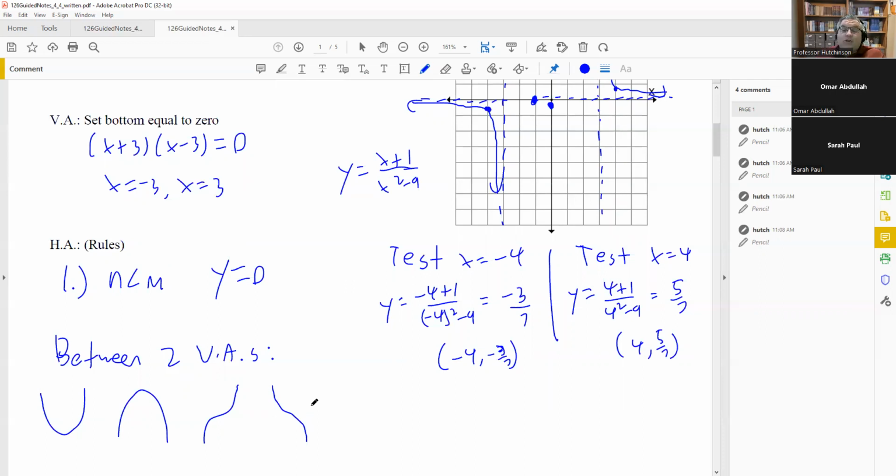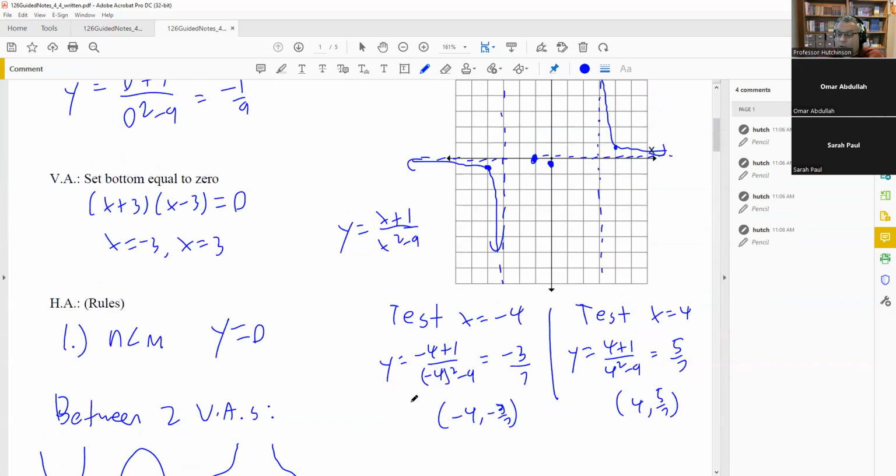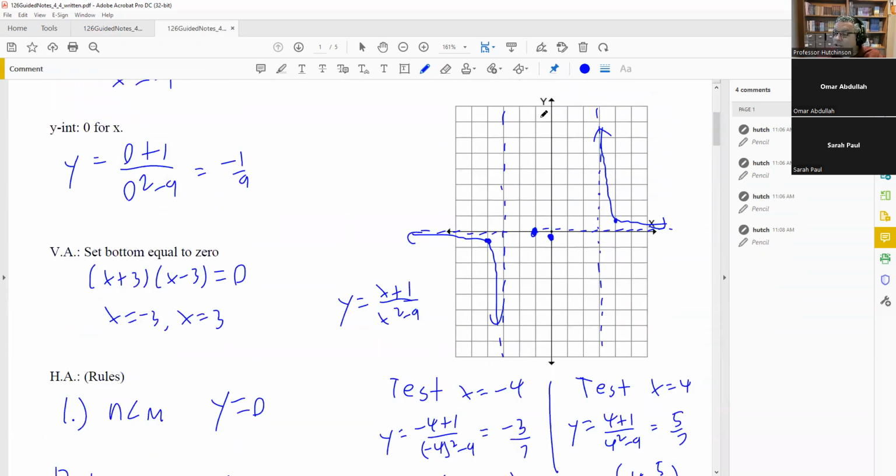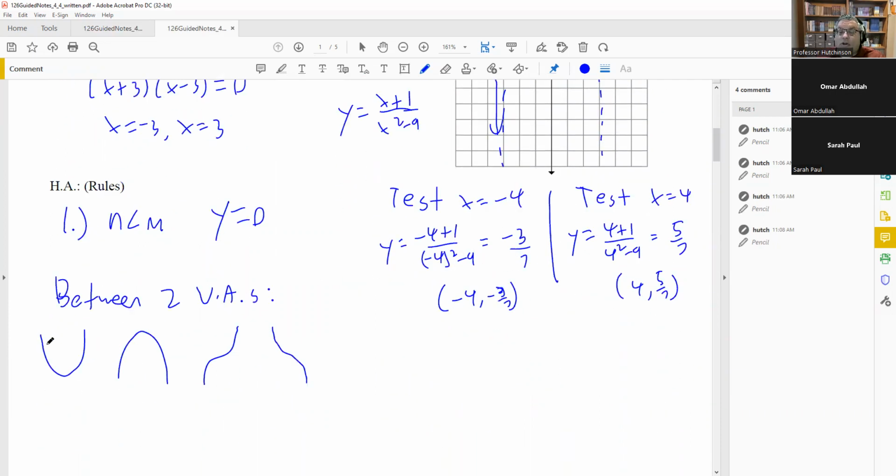Whenever you have two vertical asymptotes, these are the only four things that the graph could look like. So it's going to be one of these shapes. I'm going to select the one that matches the information that I have here. So notice that I have these 2 points like this. So the graph is only going to be one of these four shapes.